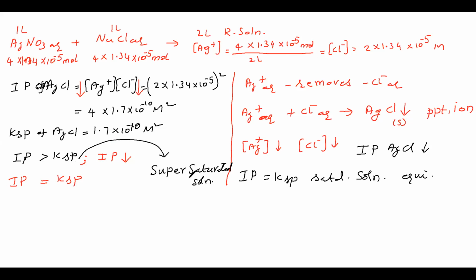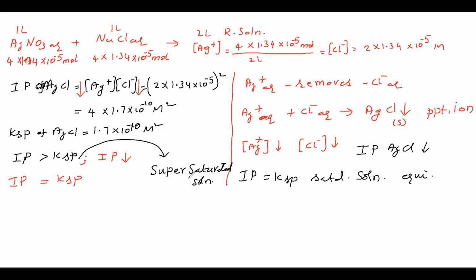It is possible either at higher temperature or at lower temperature. Supersaturated solution is possible in that way only, so you have to take the solution to either side of normal condition, and then only can you prepare a supersaturated solution.